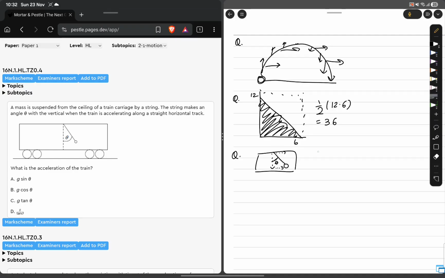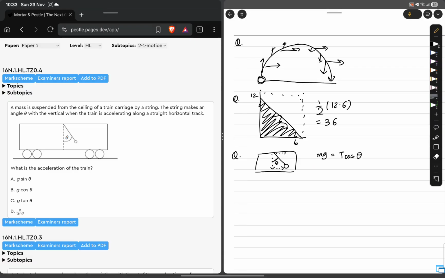So it's going to mean that the downward force, the weight, is equal to the upward force, which is, with theta, it's going to be adjacent over hypotenuse, so tension cos theta. This is for the vertical component, by the way.